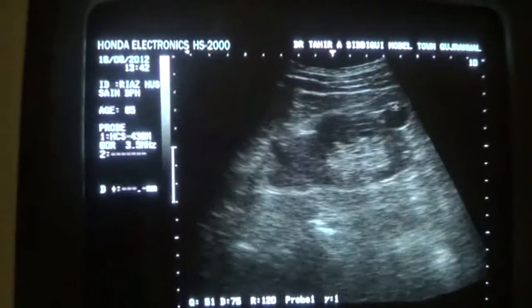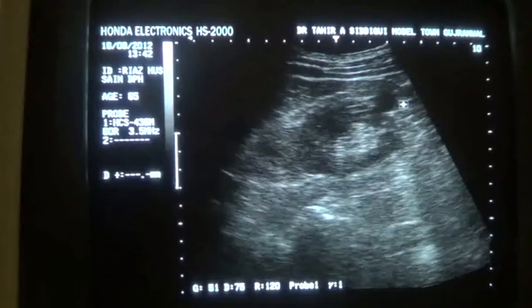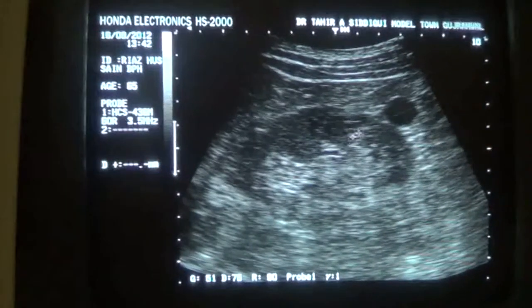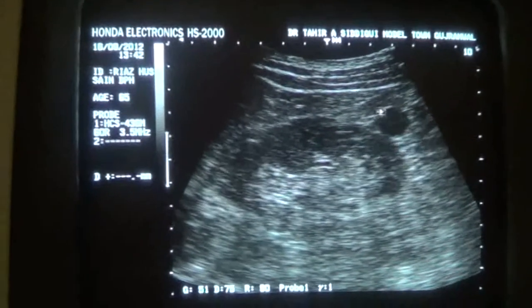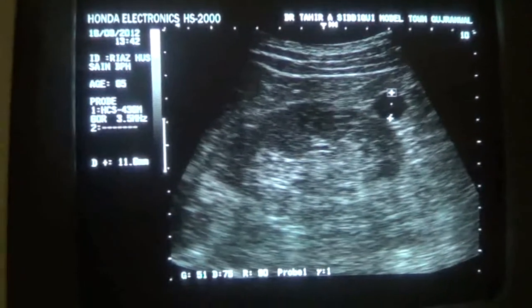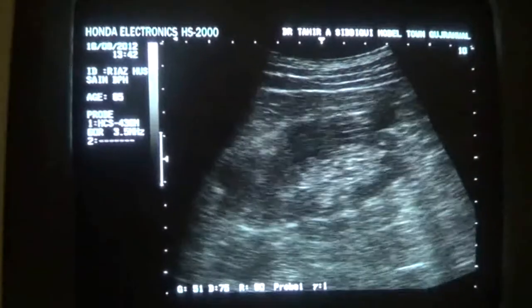Now there is another cyst at the anterior upper pole, anterior region, and it is a cortical cyst. This is what a cortical cyst is. This is a cortical cyst measuring approximately 11.6 millimeters, and it moves with the kidney.